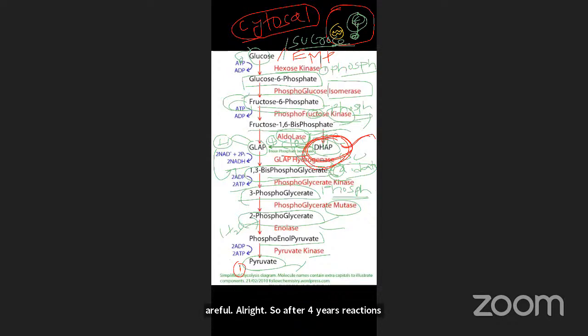That means the first reaction is oxidation, forming ATP and NADH. That's why there are 2 NADH. First from the glyceraldehyde 3-phosphate 1 NADH. The second, after converting DHAP into glyceraldehyde 3-phosphate, again undergoes oxidation. That's why another NADH forms.